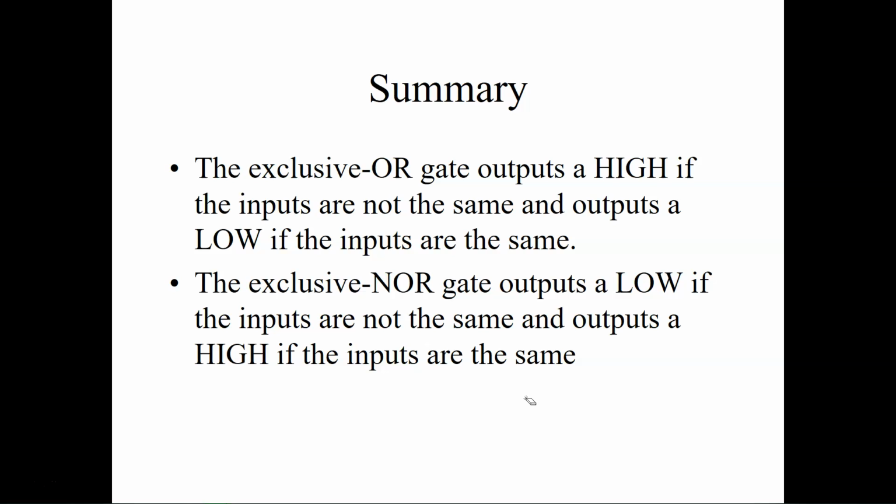So an exclusive OR gate outputs a high if the inputs are not the same, and the output is low if the inputs are. The exclusive NOR gate gives a low if the inputs are not the same, and a high if they are. And you can always, in your notes, guys, if you see the word high, think 1.